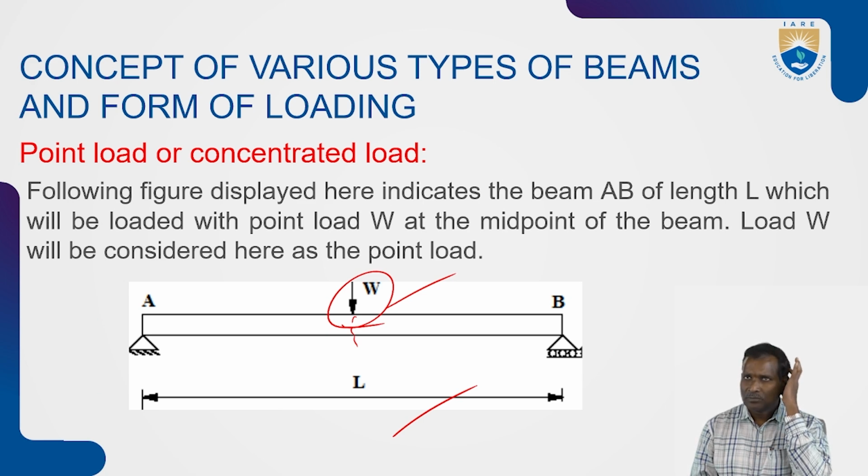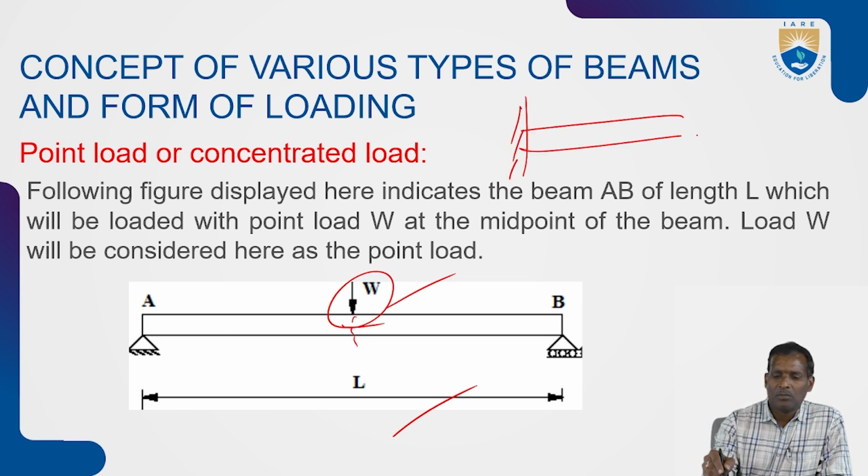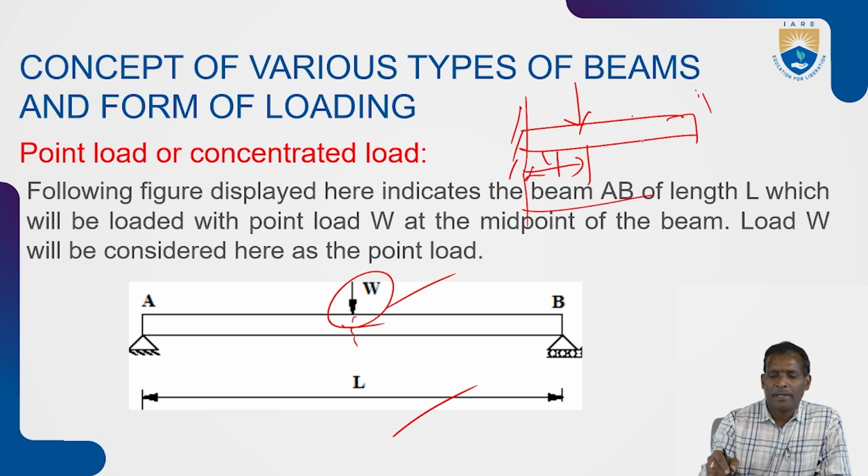In the case of the point load, you can calculate the total load acting on the beam. Suppose only one load is acting, or suppose more loads are acting on a cantilever beam, at distances L1, L2 and L3.